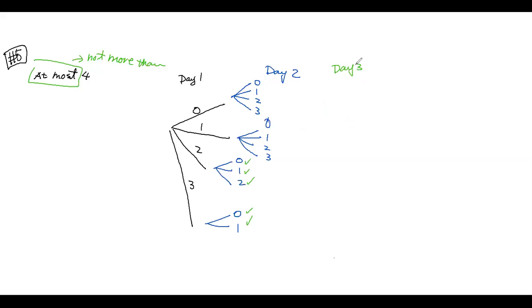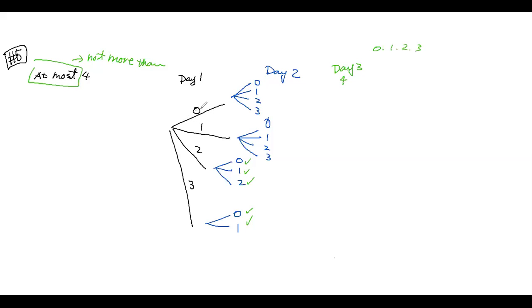Instead of writing out the tree diagram, I really cannot write it out because I cannot draw anymore. For this branch, 0, 0, how many situations can I have here? I will have 4 different situations, because I did not study on day 1 and day 2, so on day 3 I can have 0, 1, 2, 3. So day 3 here has 4 situations.